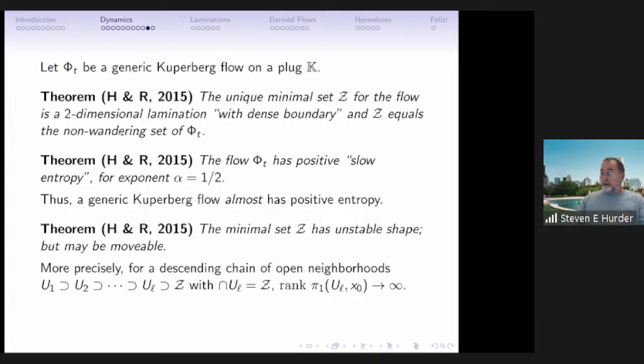The other thing we're able to do is show that the flow not just has zero entropy because of Katok, but we're able to calculate an estimate on the growth of epsilon-separated orbits. And you find that it doesn't grow at an exponential rate, because that would give positive entropy, but it grows like exponential square root of time. Well, bounded by that.